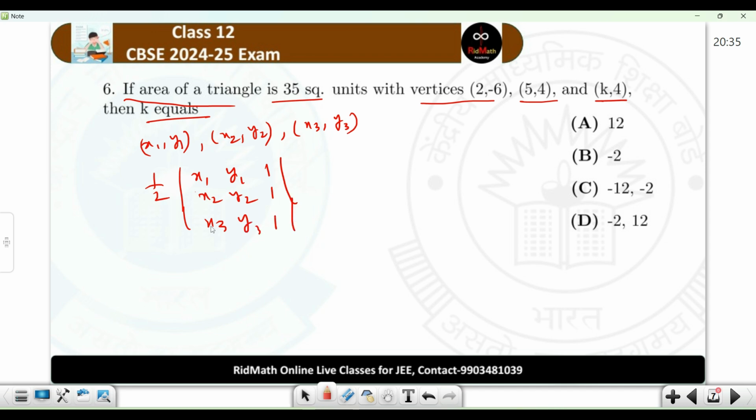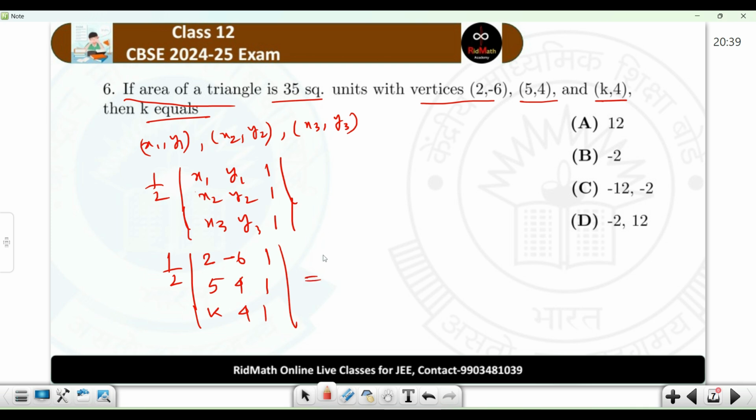This is the mod, the absolute value of this determinant, because area is positive. So half of this is [2 -6 1; 5 4 1; k 4 1].